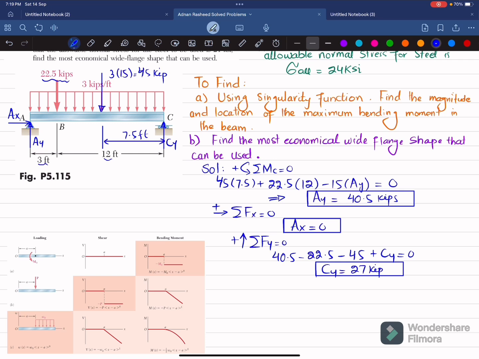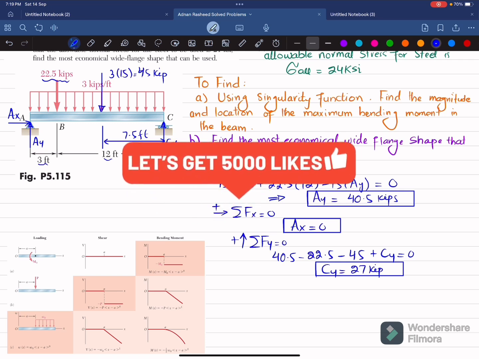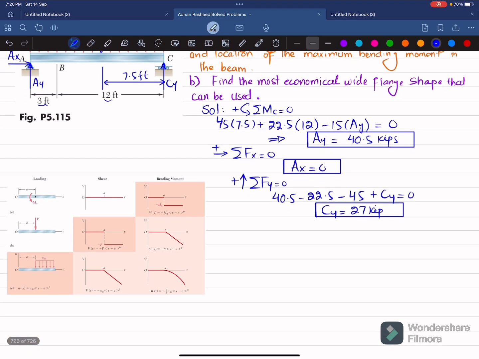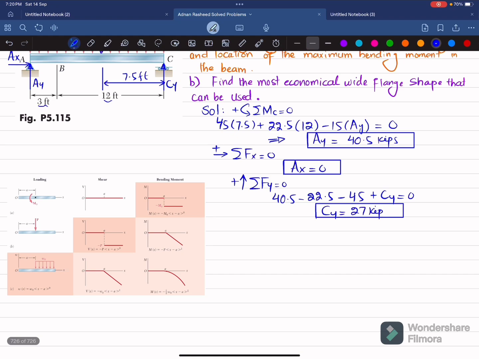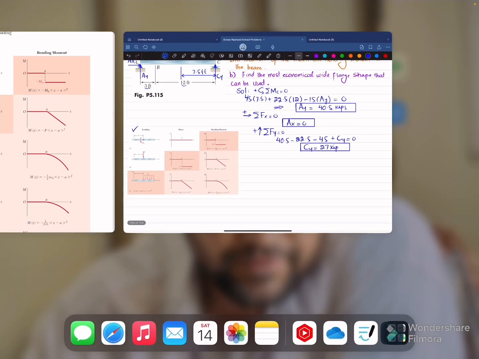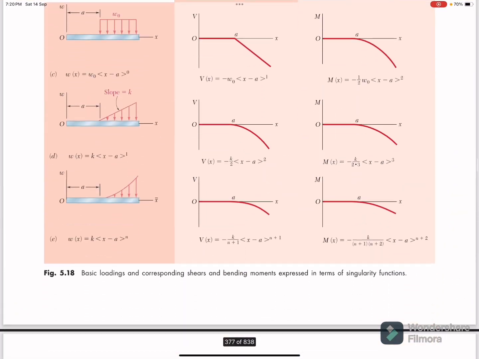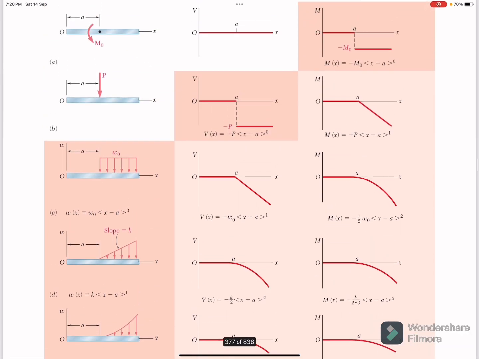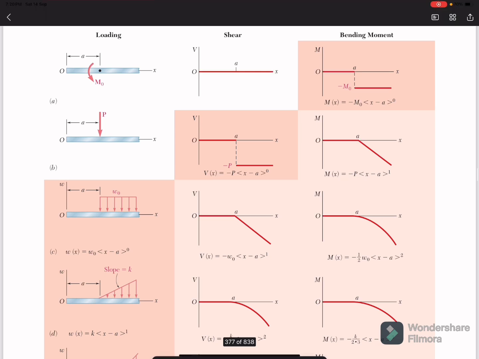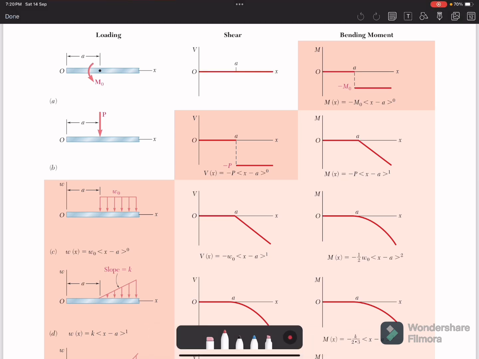So what we will do is find the shear force equation and bending moment equation by using the singularity function. For that you can see we have this table that is shown over here. I will show it in the book. This is the table where basic loads and the corresponding shear and bending moment are expressed in terms of singularity functions.